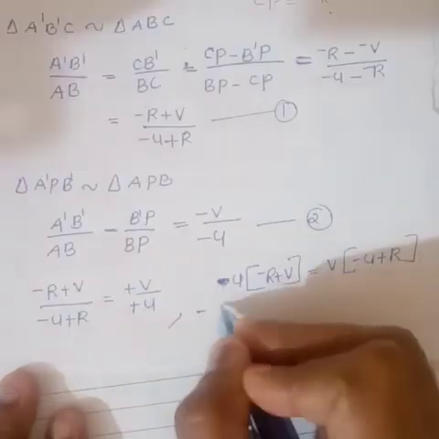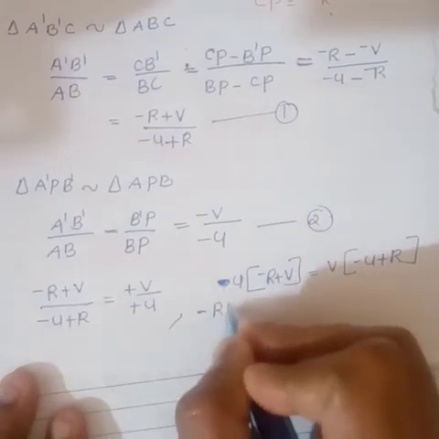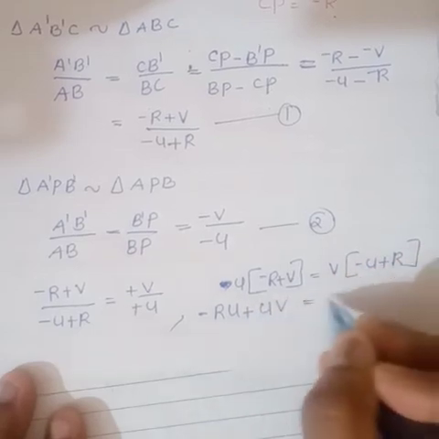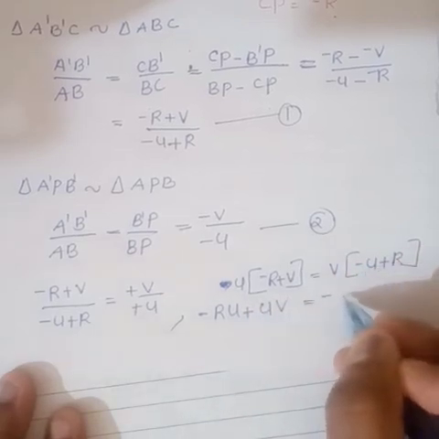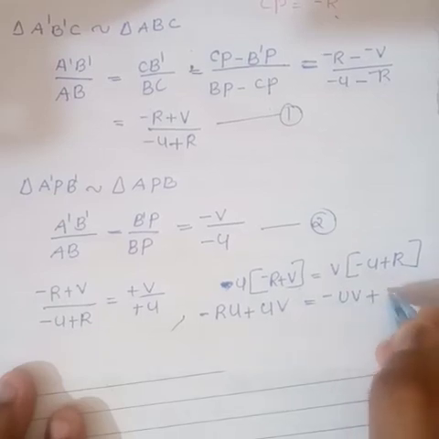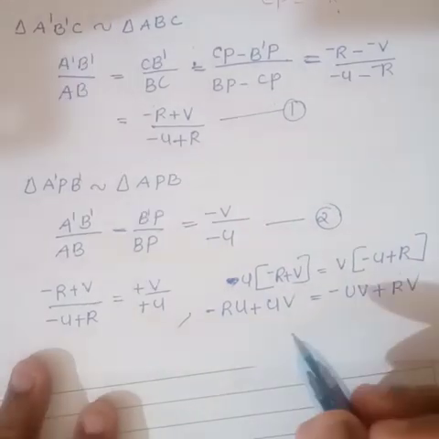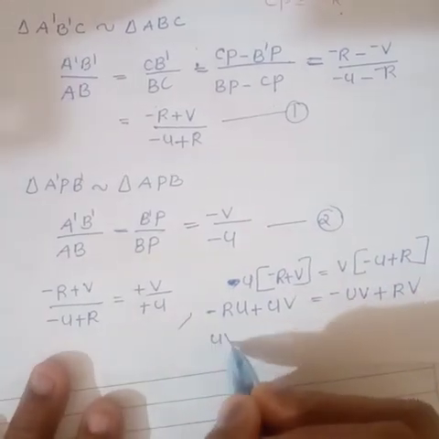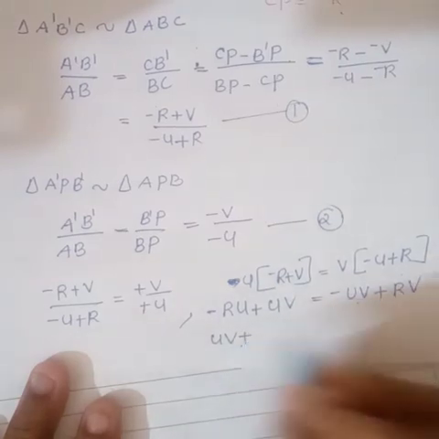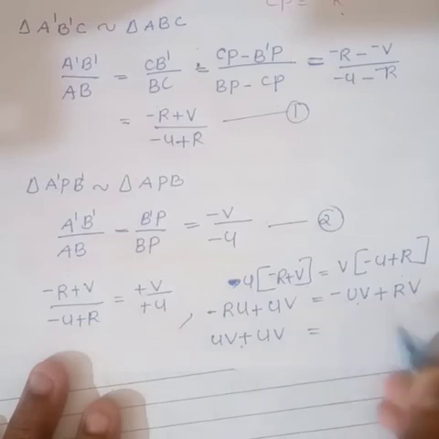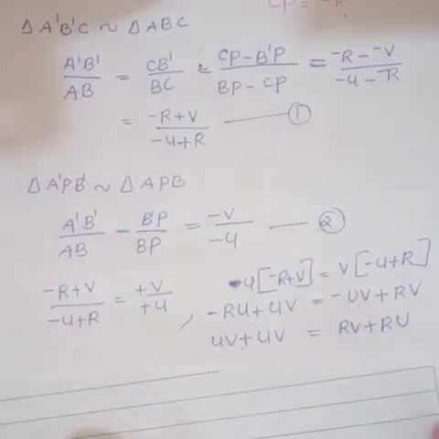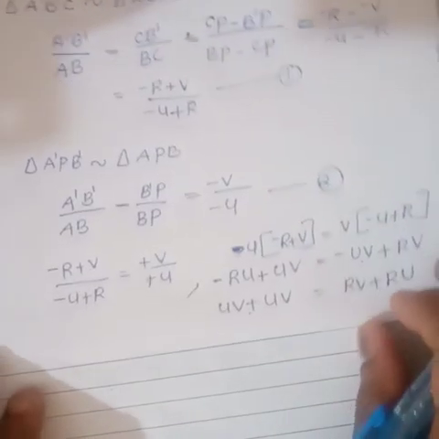Then minus R into U plus UV is equal to minus UV plus R into V. You rewrite this equation, taking this minus UV to the LHS side, so it becomes positive.